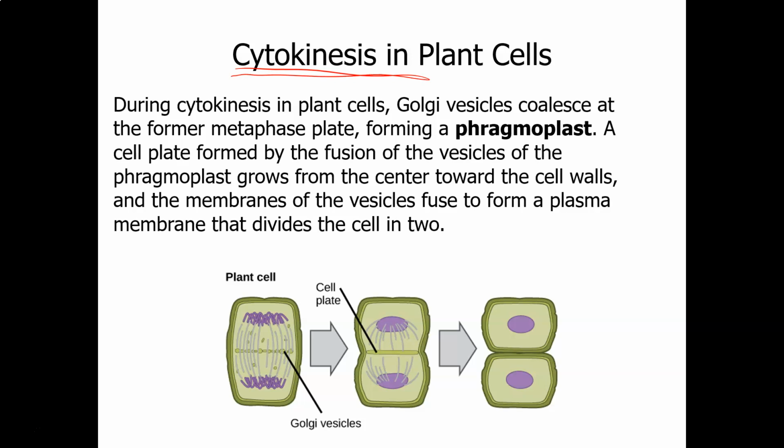In a plant cell, the Golgi apparatus forms vesicles in between at the very middle of the parent cell, and those vesicles eventually form into a cell plate, and that cell plate eventually forms into a cell wall, and you have two new cells both surrounded by a cell membrane and a cell wall.